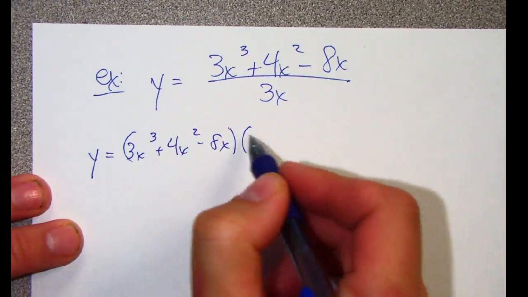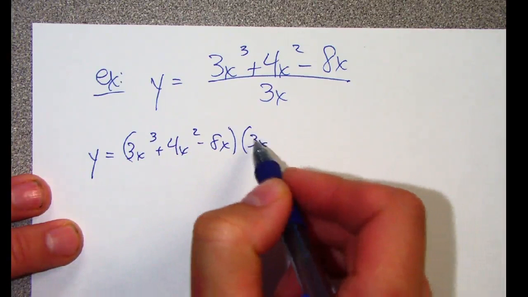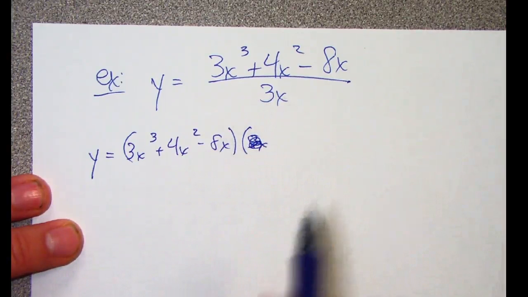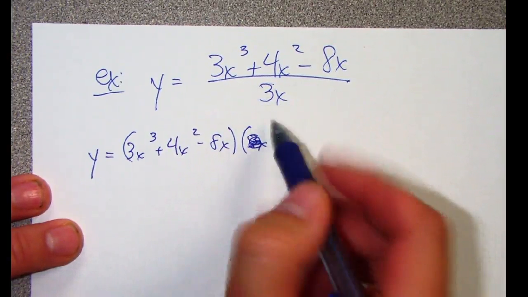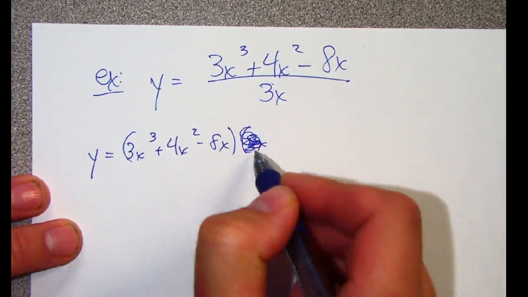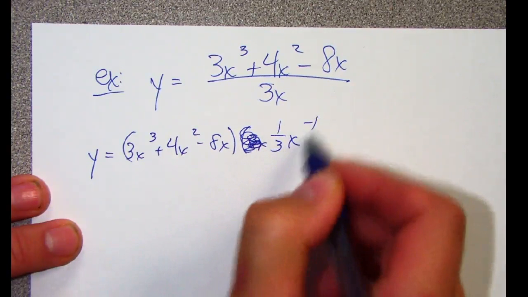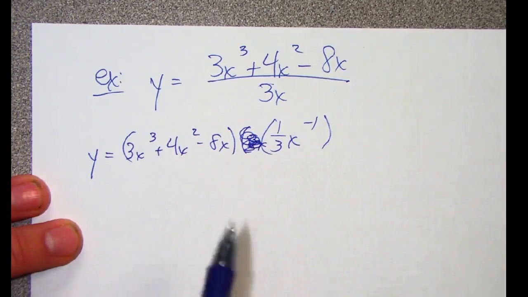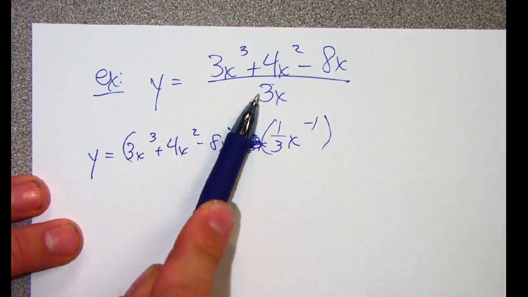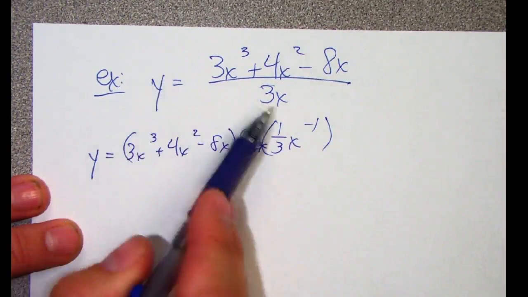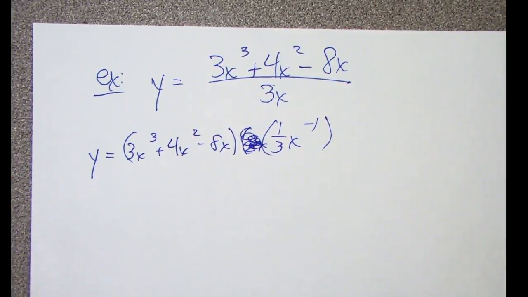So this is even more, I think this way is just so hard because if I bring 3x up, you would actually have to write this like 1/3 x to the negative 1, because the 3 there's really a 1 on top of it, so it's 1/3. I think this way is so much harder. I would strongly recommend the other way, but you can do this way if you want.